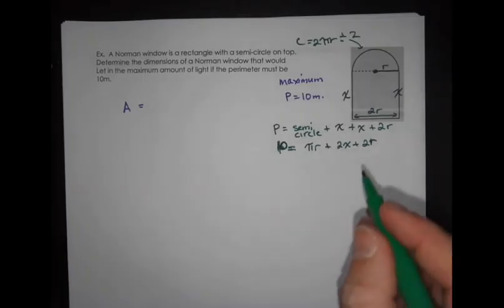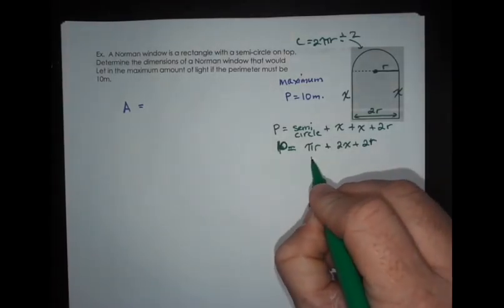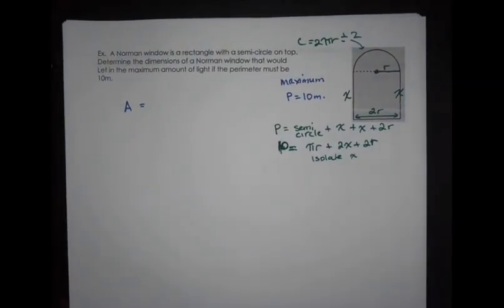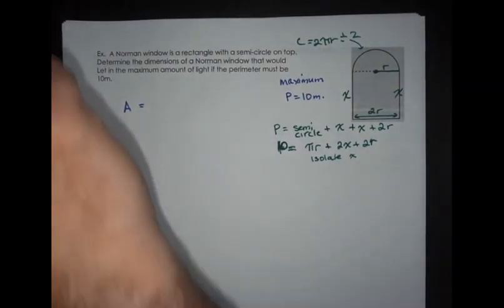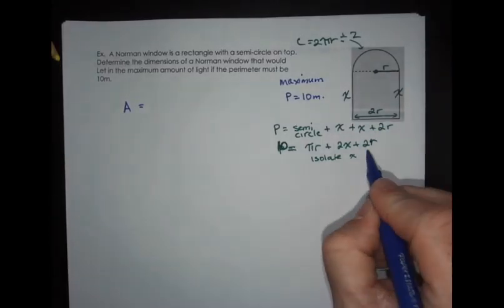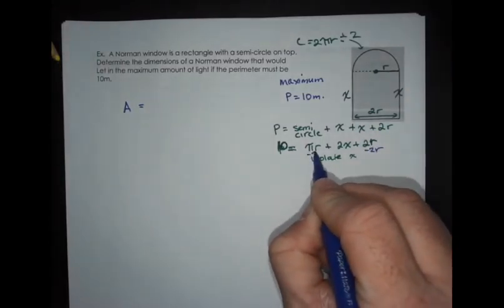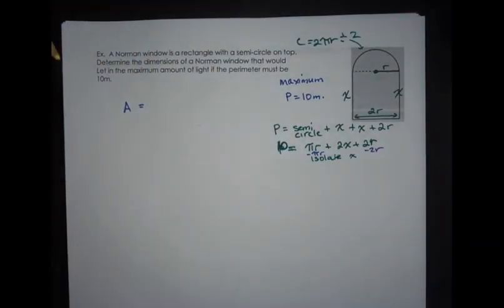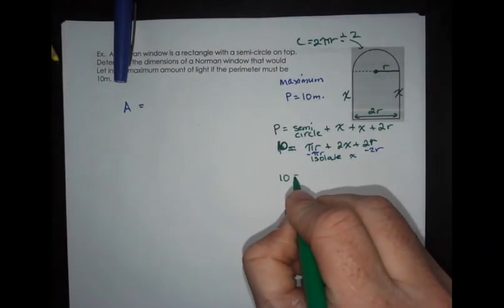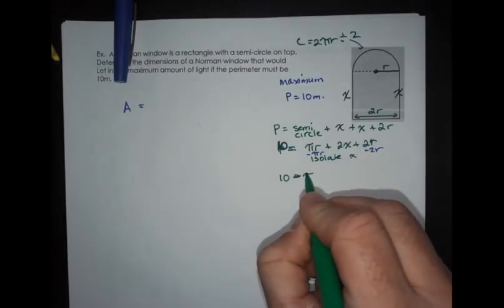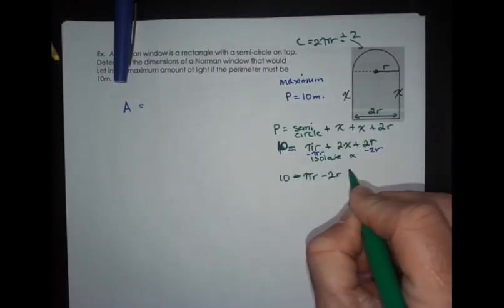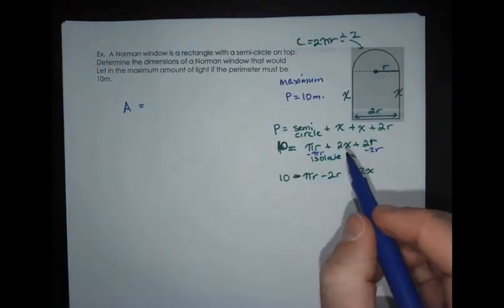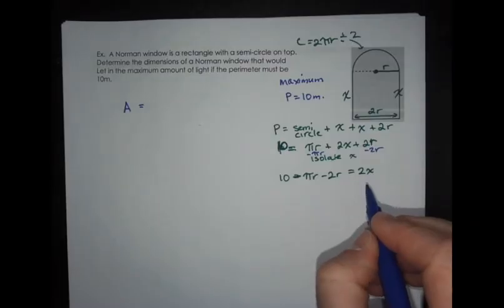So what we're going to do is isolate x. So we're going to move everything away from x here. To do that, I'm going to subtract 2r, subtract pi r, bring that over to the left side. 10 minus pi r minus 2r equals 2x. And then I can divide everything by 2.